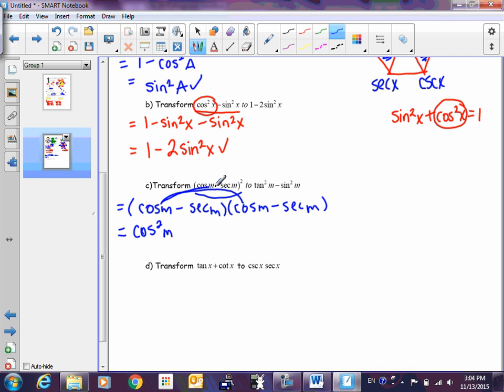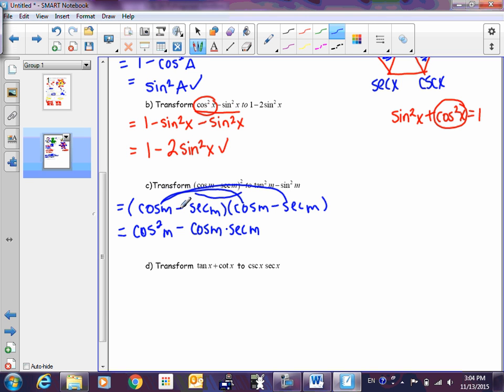Okay, now I need to multiply the other one. Cosine m times negative secant m. So watch what I'm going to do here. Minus cosine m times secant m. That is going to make a 1, and I'm going to do that in my next step.